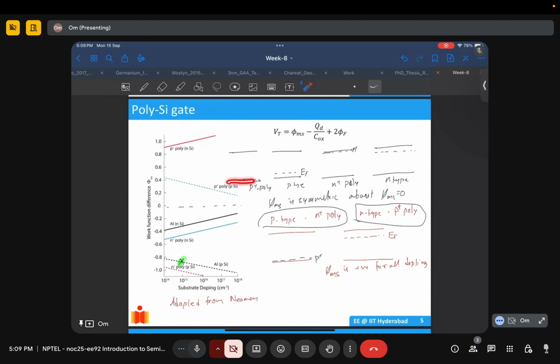For P plus poly, your EC minus EF equals EG, and for N plus poly, EC minus EF equals 0. So for this case, phi m equals chi plus EG, and for this case, phi m equals chi.